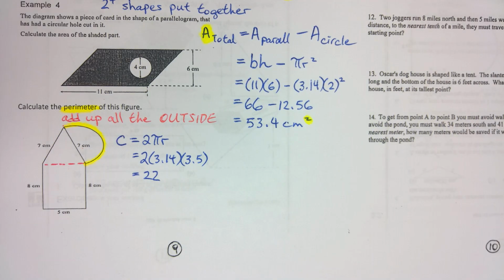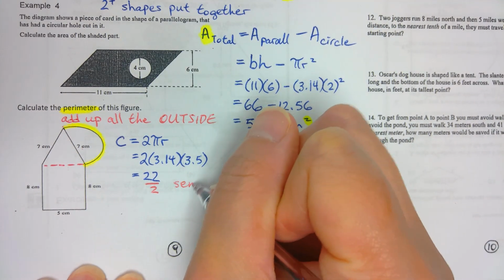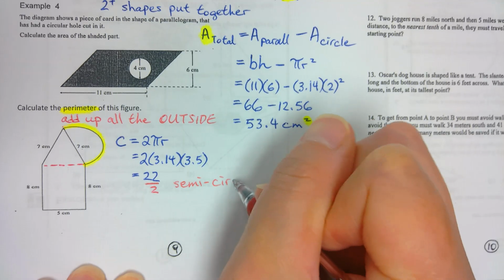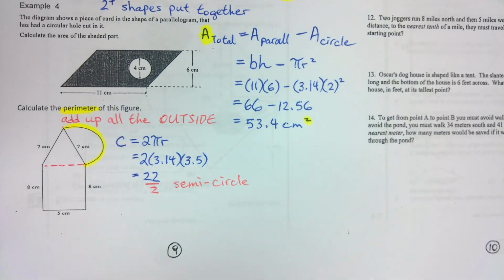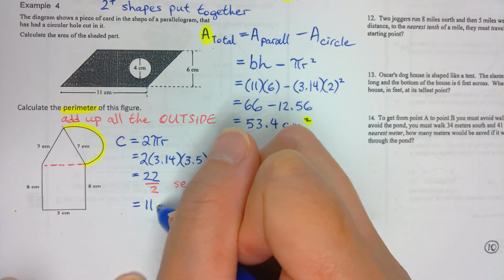Is it 22? Divided by 2, because it's half a circle and I only want a semicircle. So for the highlighted part, it's 11 centimeters.